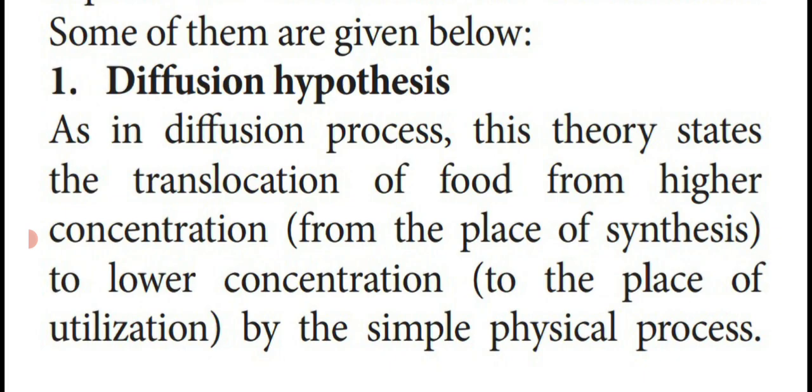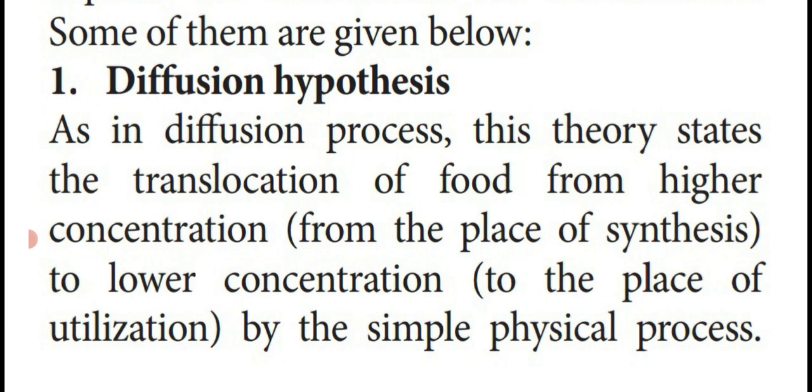This diffusion hypothesis states that food is moved from higher concentration to lower concentration. Higher concentration means where it is produced, that is the mesophyll region of a leaf, and it is transported to different parts of the plant body, the sink region, which contains lower concentration, by a simple diffusion process.